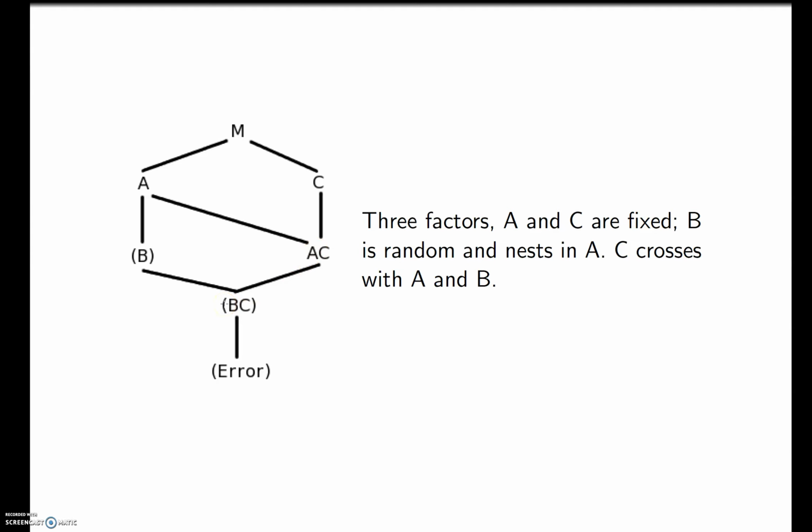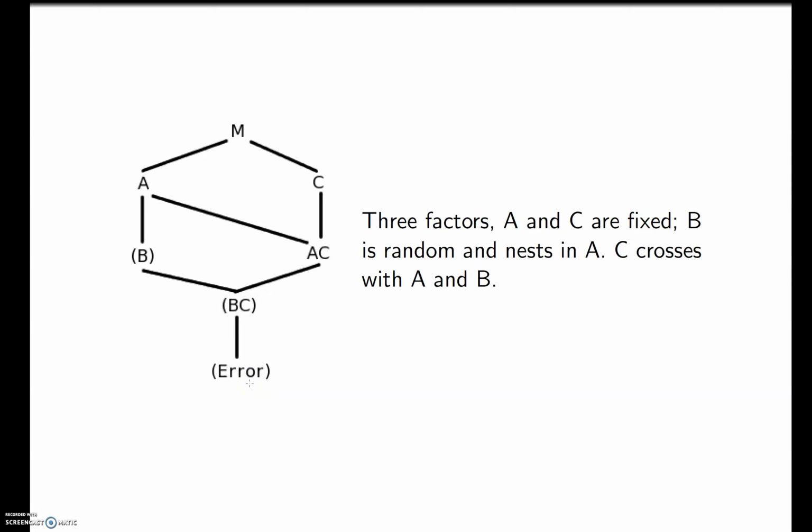It's a little bit wonky, the diagram here, I always feel like. But it makes sense to do it this way, okay? Because B does not cross with A, but it does cross with C. So it's actually a lower level interaction in the model, and it's going to be random because B is random. You could even make this a straight line now that I think about it conceptually. That would make sense too. And then we got the error, of course, as always.